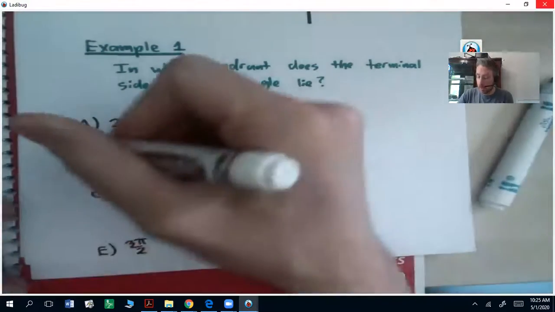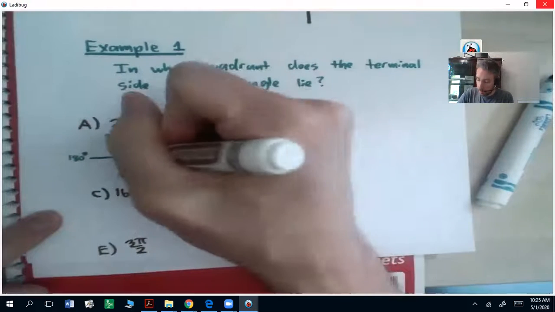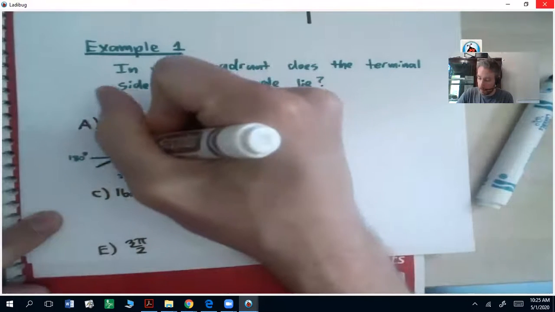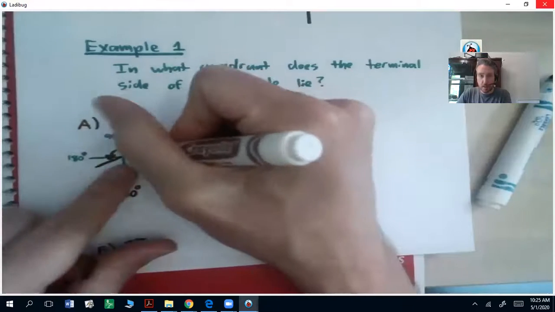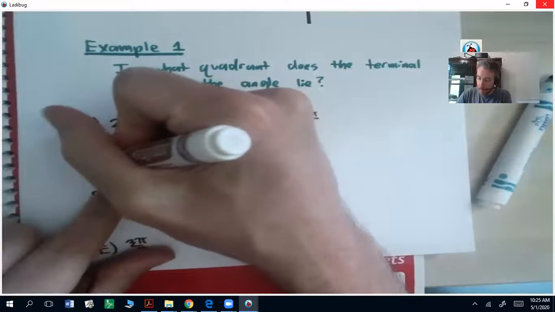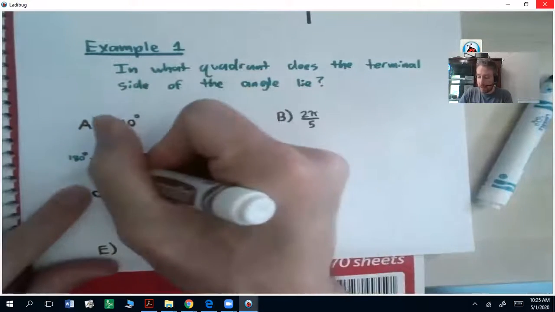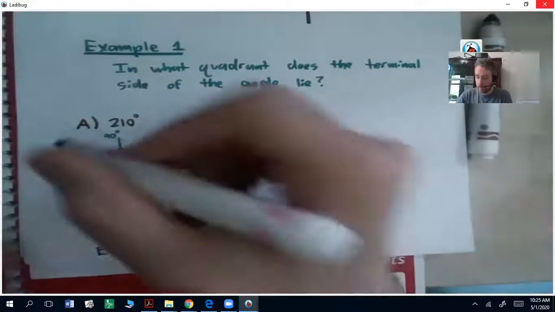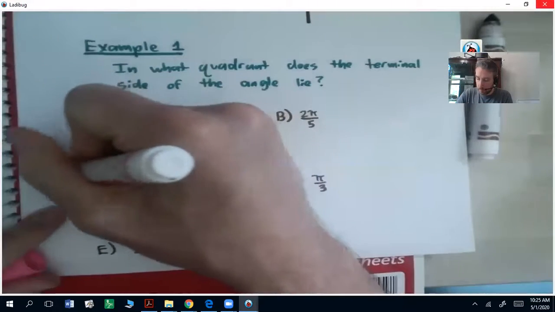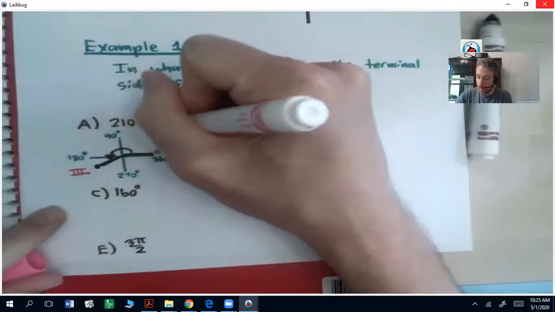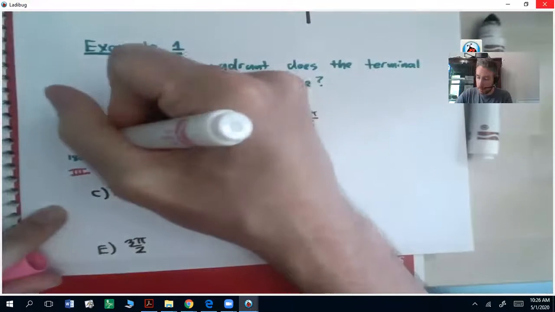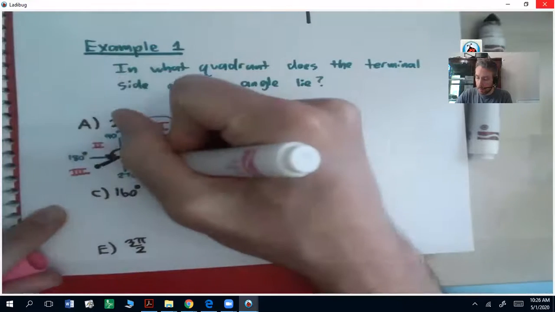So what that angle looks like is somewhere around there. And it's starting here and opening up this way. That angle, that terminal side, lies in this quadrant. Well, that's quadrant 3. So your answer to that would be quadrant 3. Remember, the quadrants are 1, 2, 3, and 4.